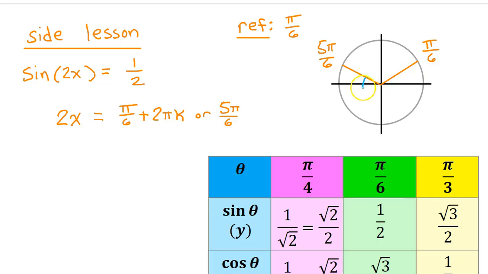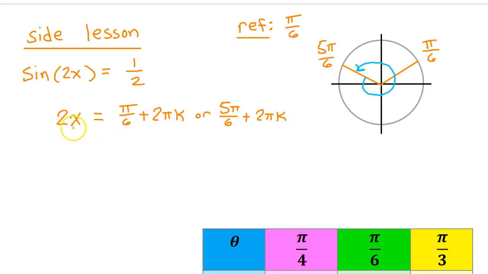Similarly, adding multiples of 2 pi to 5 pi over 6 will take us all the way around and back to this same position in the second quadrant. So we can get infinitely many solutions in the second quadrant by taking 5 pi over 6 and adding multiples of 2 pi like this.